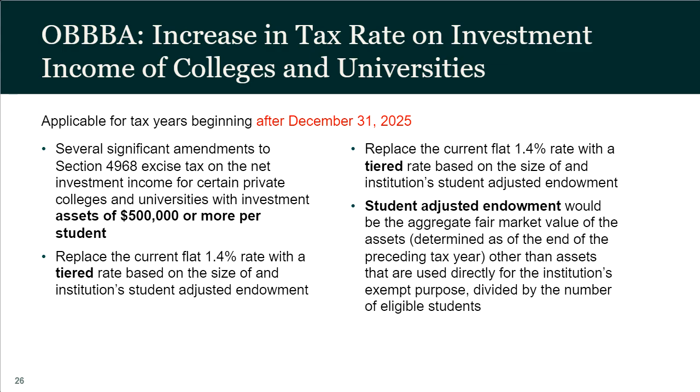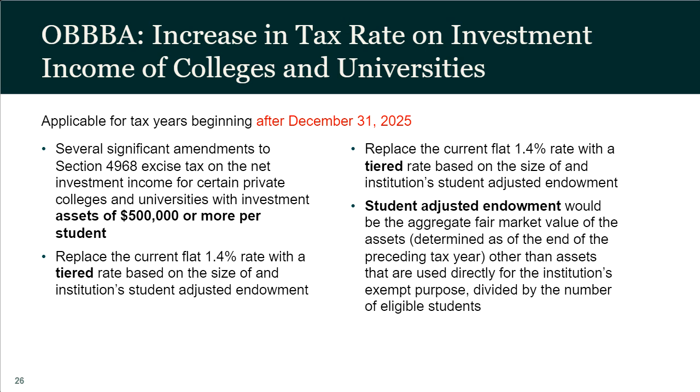For purposes of determining the institution's total assets, the assets of related organizations are treated as assets of this institution. So once again, it gets to who's a related organization. A related organization is an organization controlled by the institution, controlled by one or more persons that also control the institution, or supported or supporting organizations with respect to the institution.